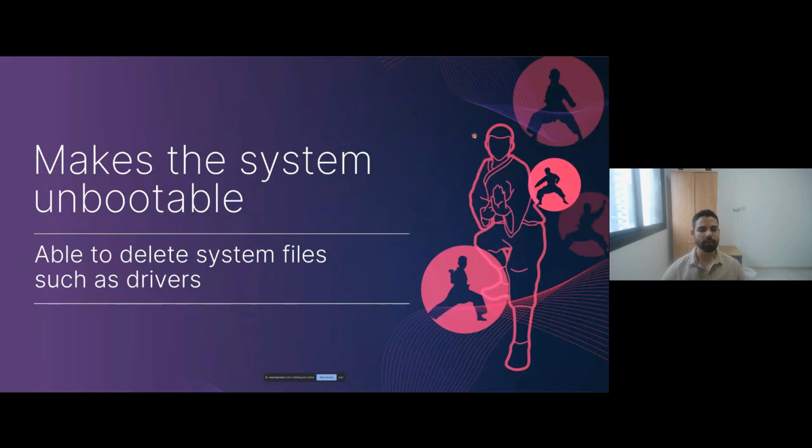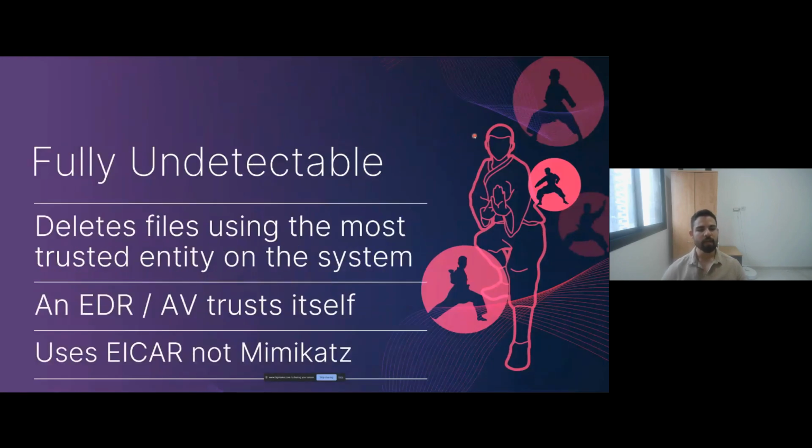It is able to delete system files. The wiper is fully undetectable because it deletes files using the most trusted entity on the system, in our case, the EDR or the antivirus. And the EDR or the antivirus are not going to prevent themselves from deleting any file on the system.